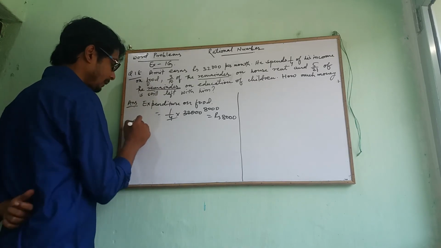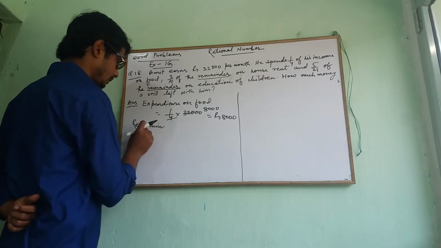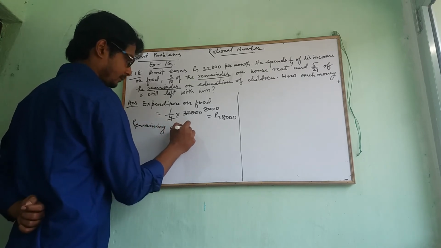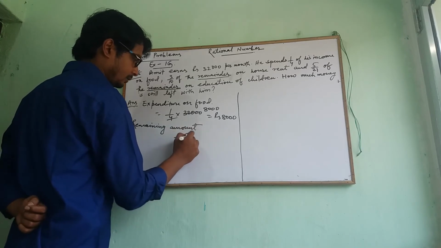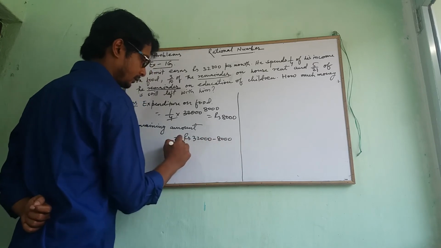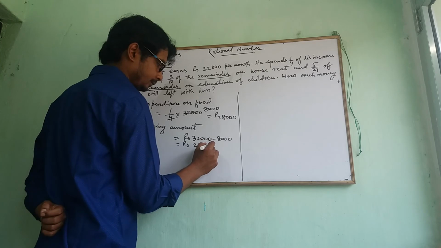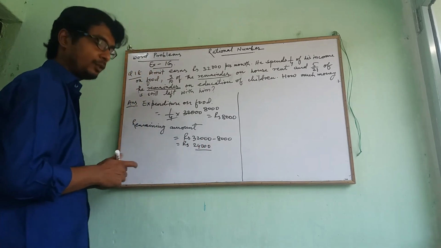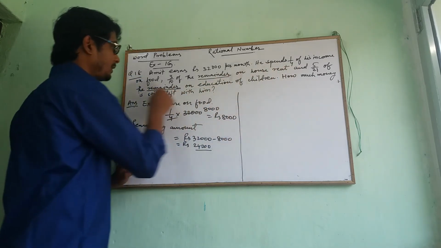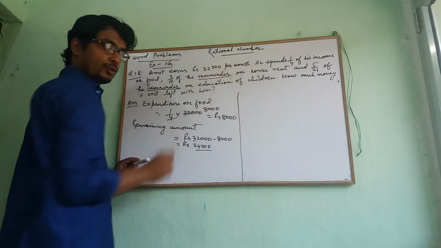Now what is the remaining amount? My remaining amount is 24,000. Now this remaining amount he spent on what? House rent. 3 by 10 of the remainder on house rent.